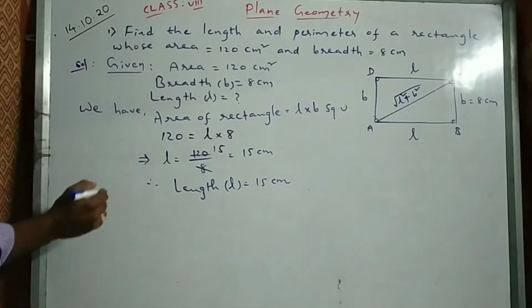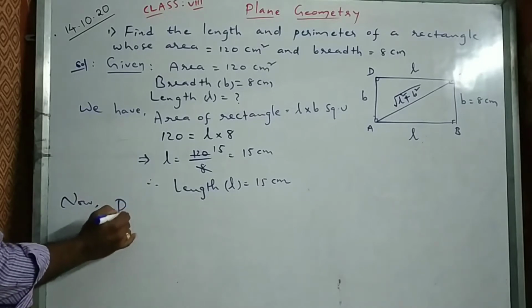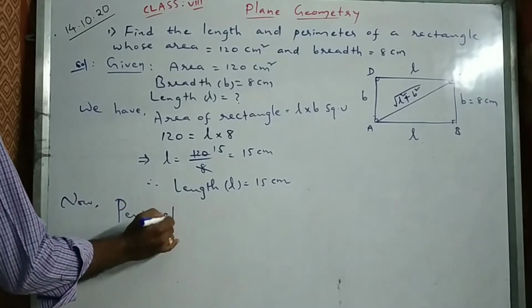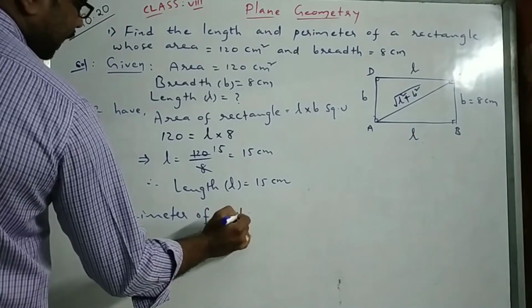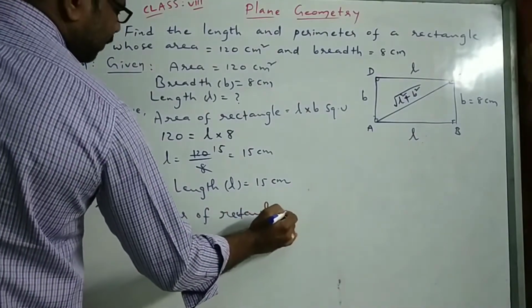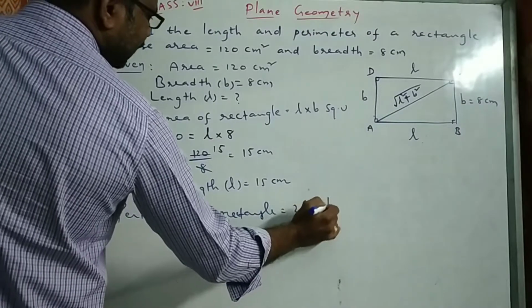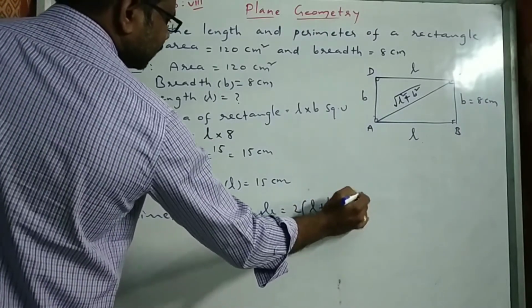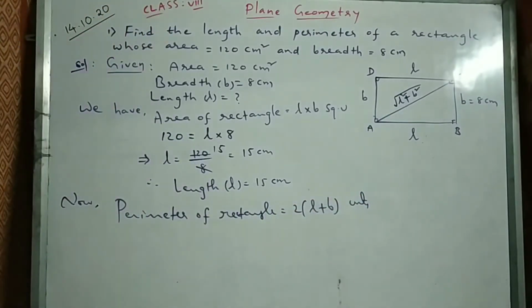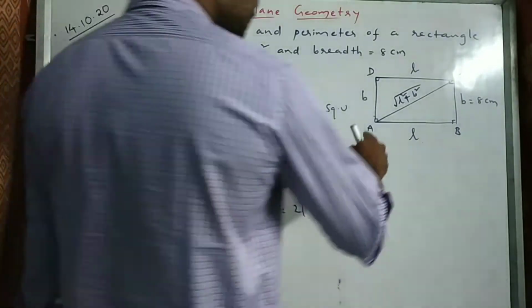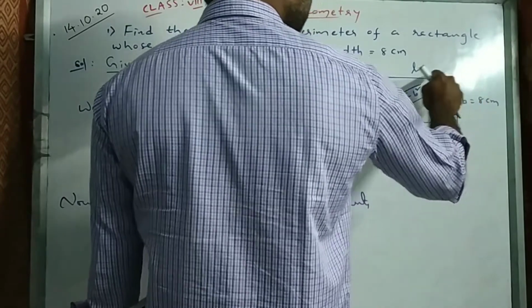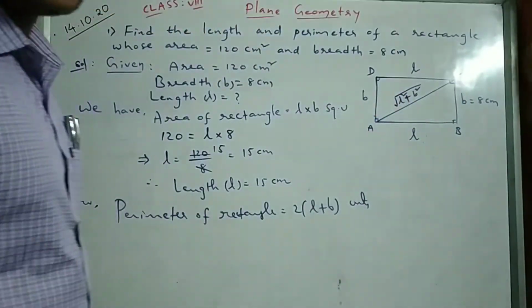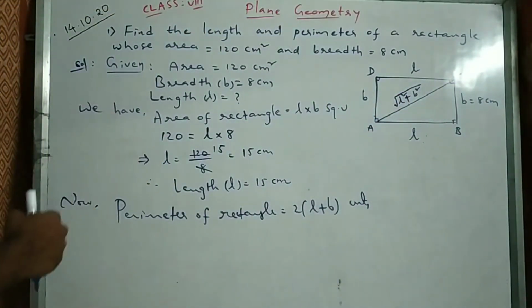Now also perimeter we should find. Now perimeter of rectangle. Formula you remember, 2 of L plus B units. Perimeter means what should you do? 2 lengths, 2 breadths must be added. This one plus this one plus this one plus this one. Perimeter is nothing but length of the diagram.